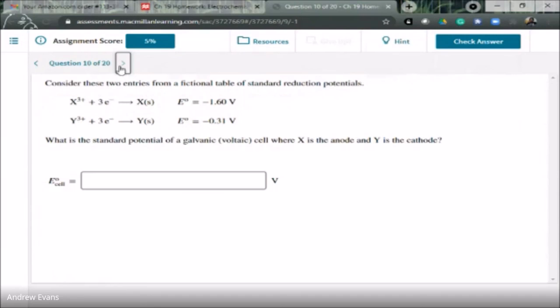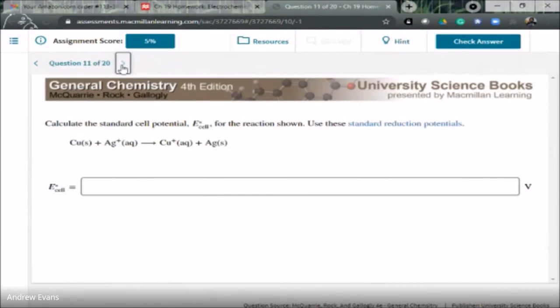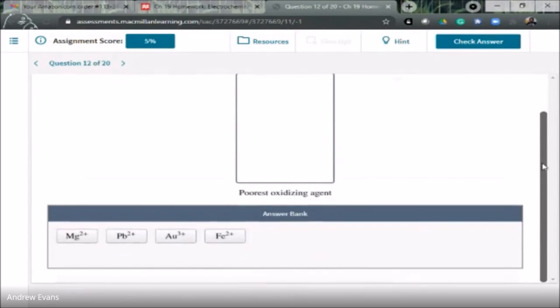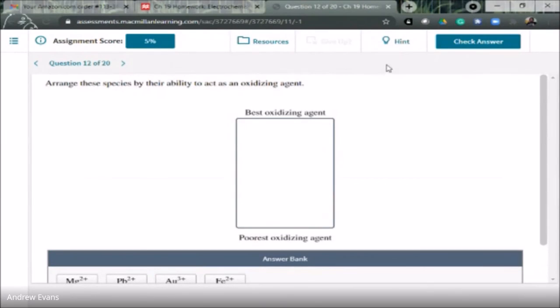This one's the first one where you actually calculate cell potential. So we don't calculate cell potential till like number 10. And number 11, same thing. We can use these numbers. So we'll look at these more on Thursday. Rank these based on strength of oxidizing agent. This one we have to go to, once again, that chart.